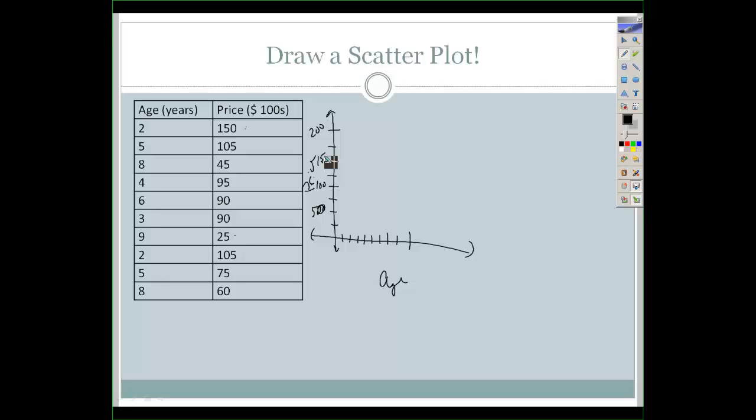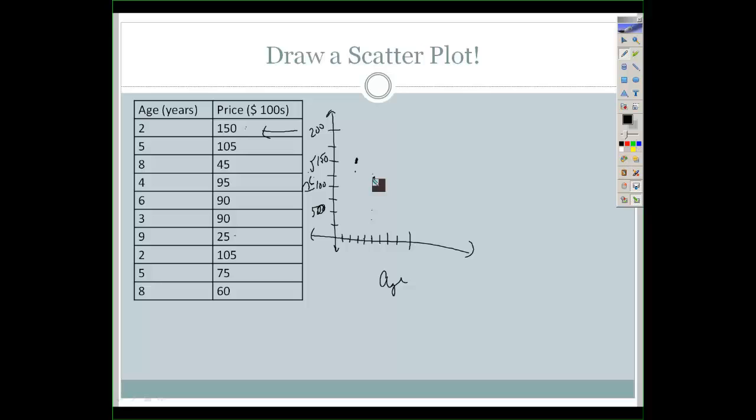So let's go ahead and plot our points on here. Age 2, we're going to 150. Okay, so I'm going to go over 2 and then up to 150. Right there. Okay, and then over 5 up to 105. 1, 2, 3, 4, 5 up to 105. All the way up to right about there.